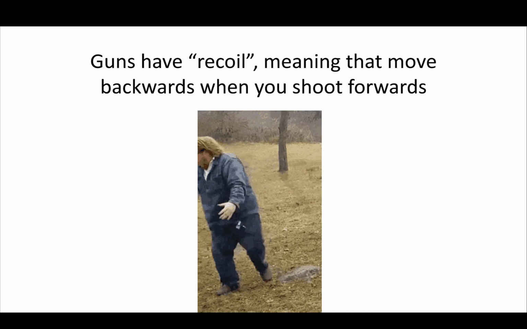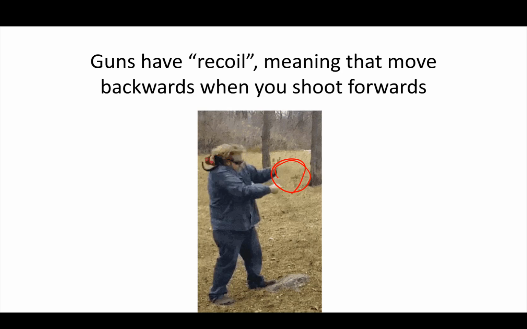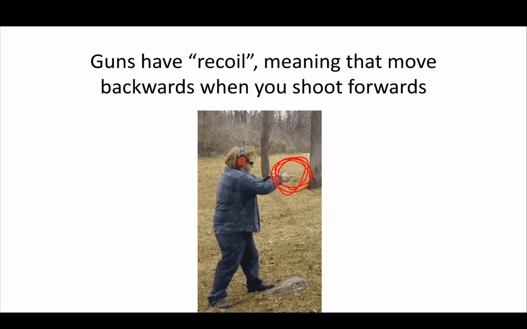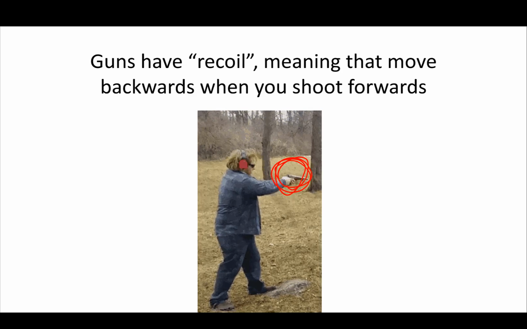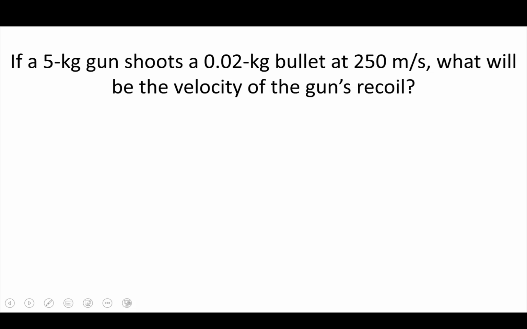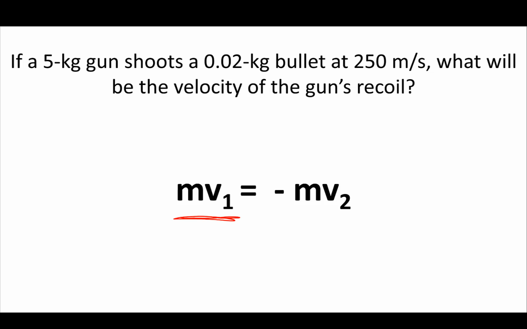The gun also has recoil. Normally when you shoot a gun, initially the gun and the bullet are not moving, so they're both stationary, so we can use our super simple equation. If a 5 kilogram gun shoots a .02 kilogram bullet at 250 meters per second forward, what is going to be the velocity of the gun's recoil? Well, we have our formula, where the momentum of the gun is equal to negative the momentum of the bullet.